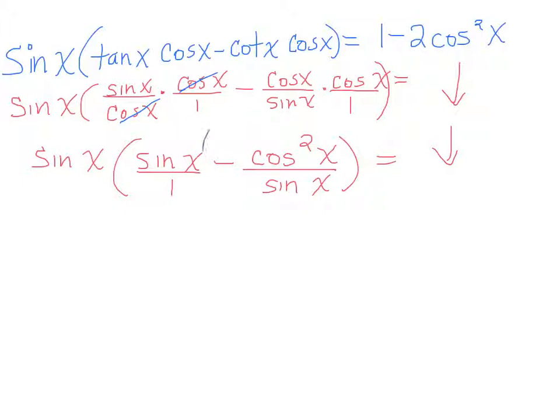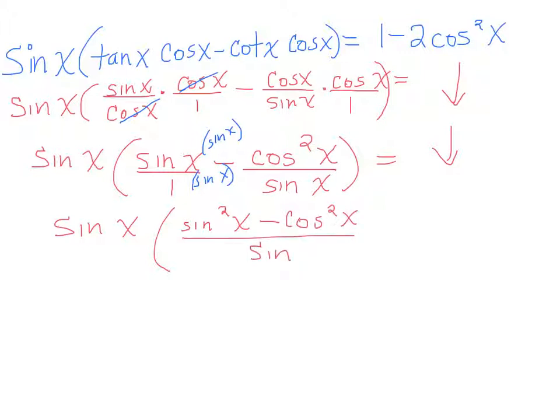So this multiplied by sine of x, this multiplied by sine of x. When you multiply by that, you're going to have sine of x, parentheses, sine square of x minus cosine square of x over sine of x. So I combined both of them. That was a good suggestion.